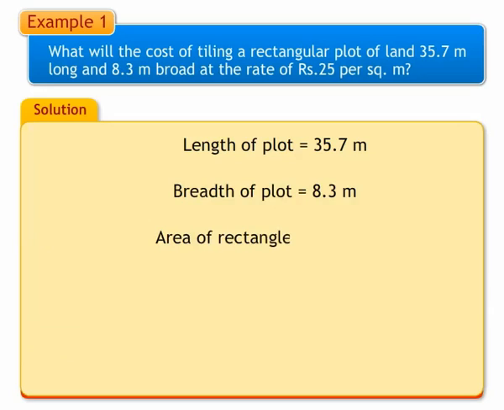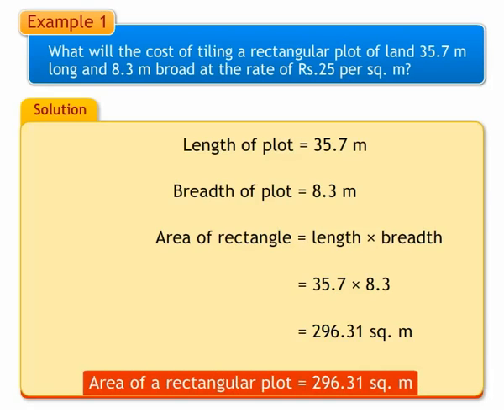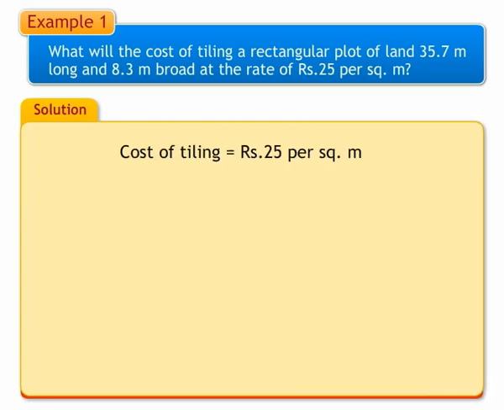Area of a rectangle is length into breadth. Substituting values of length into breadth, we get 35.7 into 8.3, which is equal to 296.31 square meters. Thus, area of a rectangular plot is equal to 296.31 square meters.